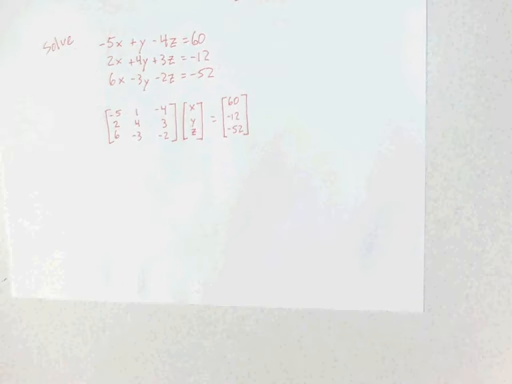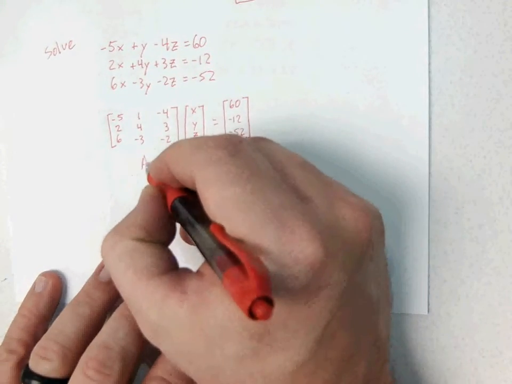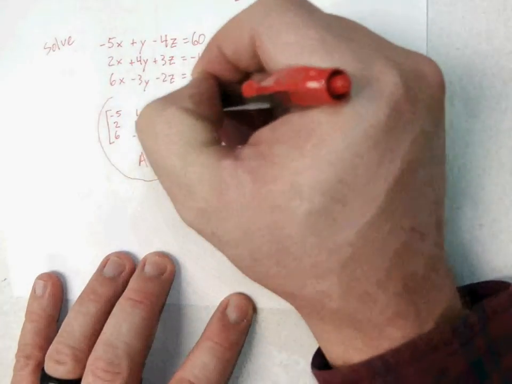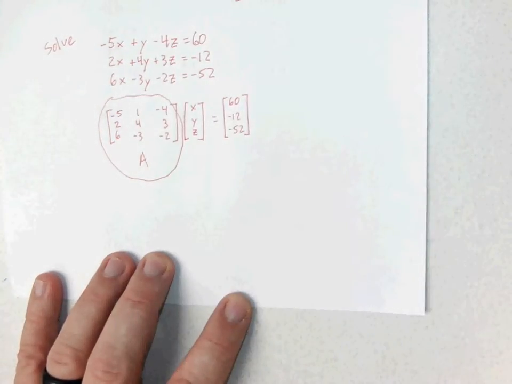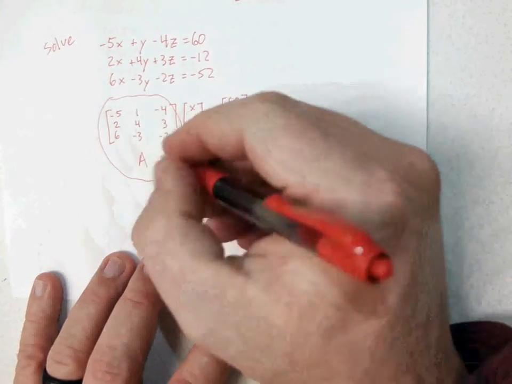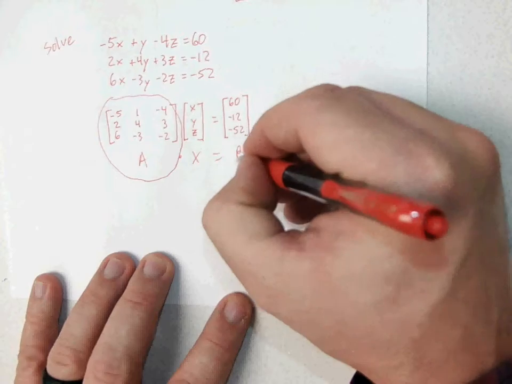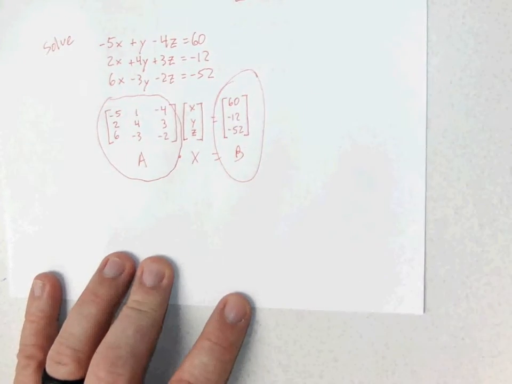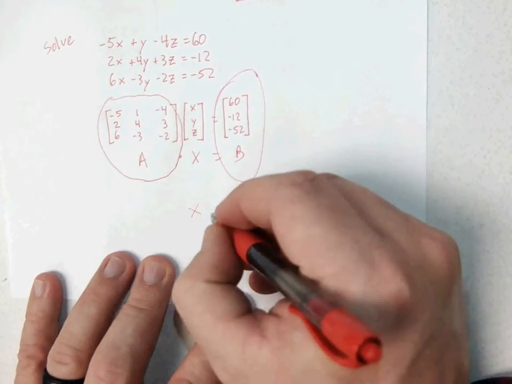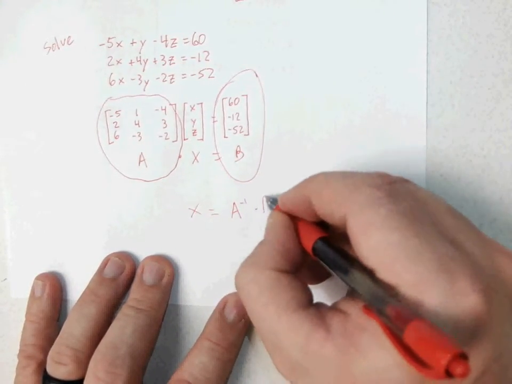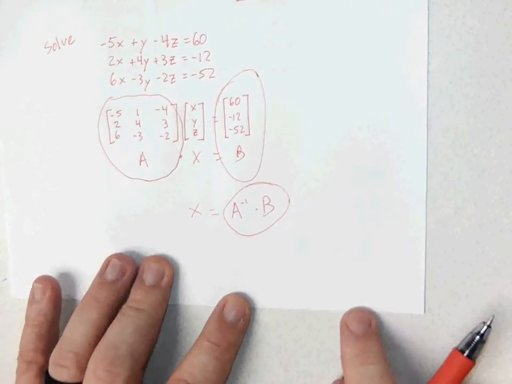That's when the calculator comes into play. I'll take the coefficient matrix and put it in as matrix A. It's multiplied by matrix X, and my answer is matrix B. So I'll enter the A and the B into the calculator, and then I'll tell it inverse of A times B to get my answer.